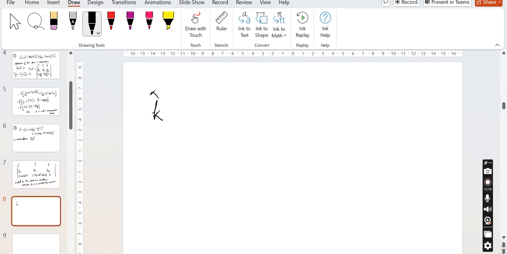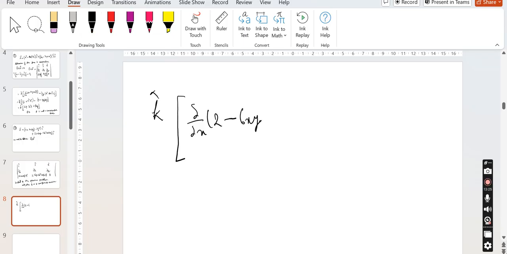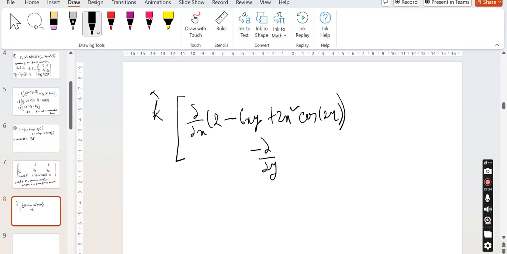K will be del x of 2 minus 6xy plus 2x square cos 2y, minus del y of 2x sin 2y minus 3y square.